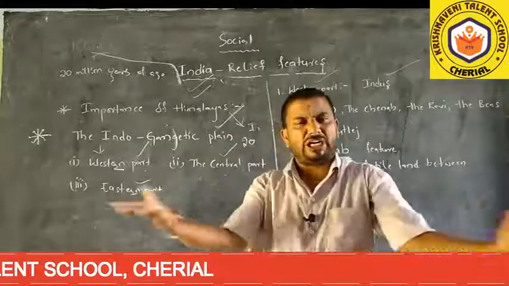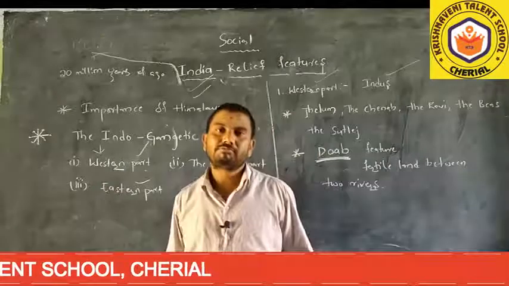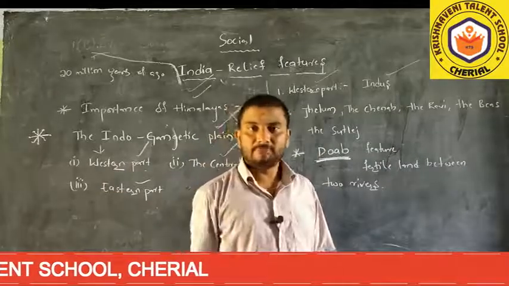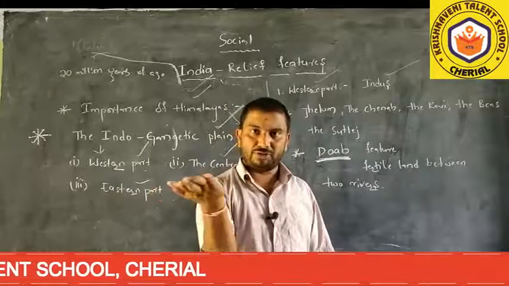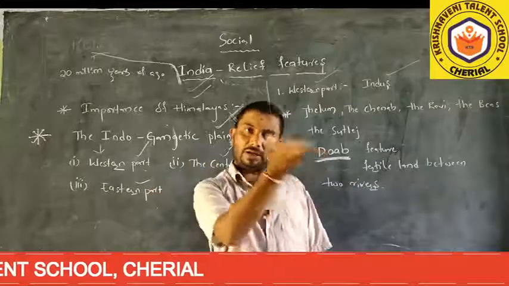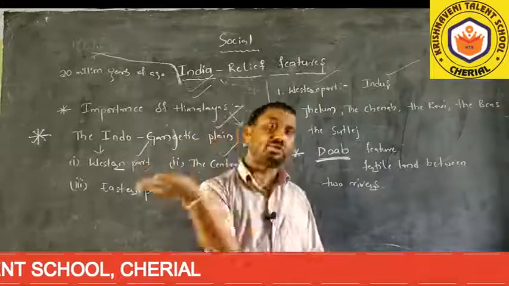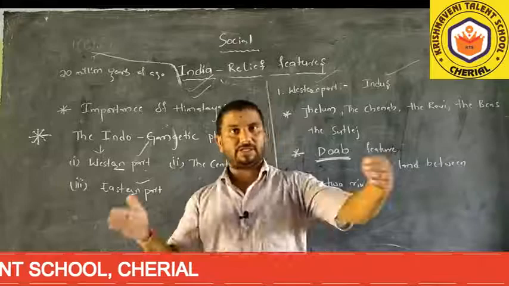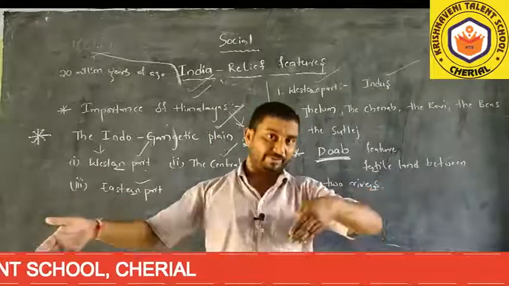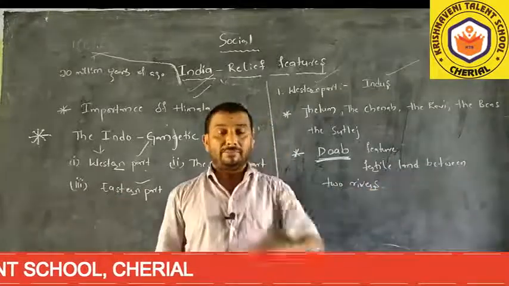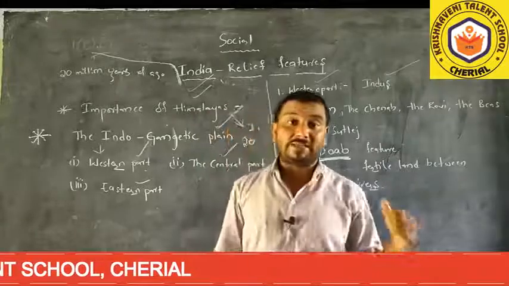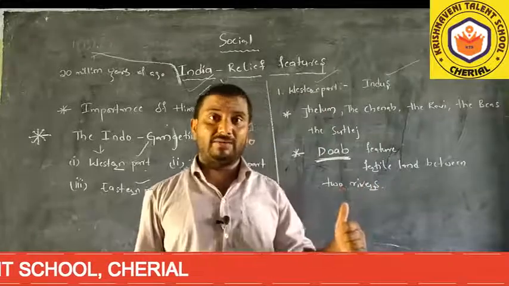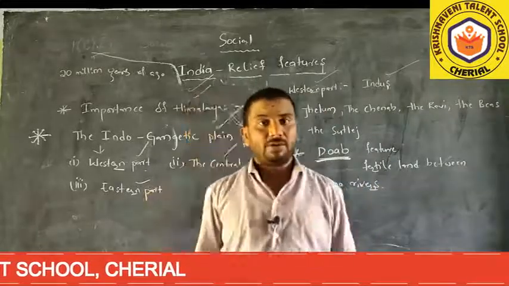It is useful for cultivation of crops. This alluvium soil, doab features, is located between two rivers, like between Sutlej and Bias, the Indus and its tributaries.